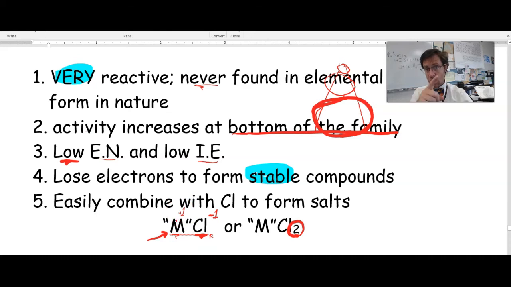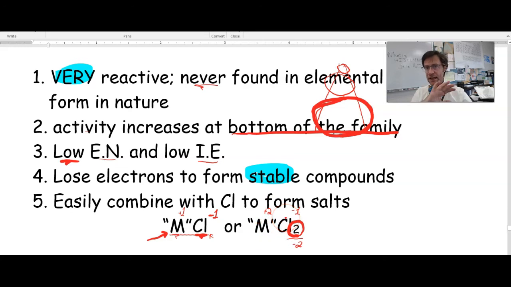Yeah? I hope you're following that. Now this has 2 chlorines. Each chlorine is going to be a -1, and we have 2 chlorines. How much minus charge do we have in all? That is true. We have a -2 in all. And if there's only one metal, that means this metal has to be +2 in order to balance the charge. Right?